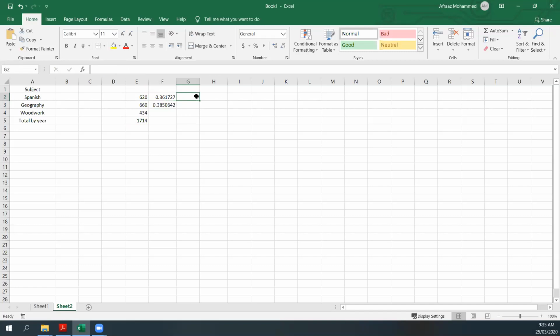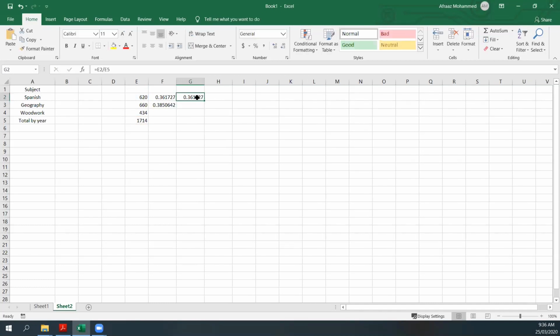So equal E2 divided by E5, right? You didn't use the dollar sign, and then you copy this, you get an error, because the formula now is E3 divided by E6, and E6 has no value. So by default, Excel will see that as 0, and when you divide a number by 0, it gives a division error.